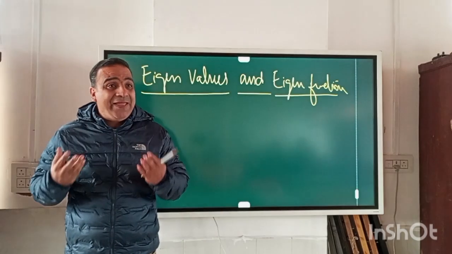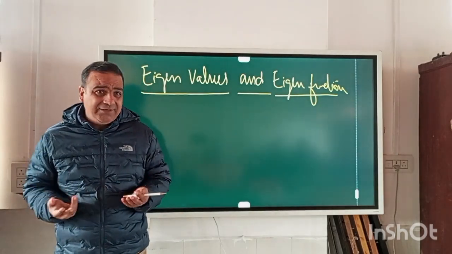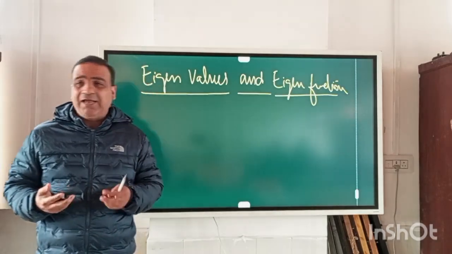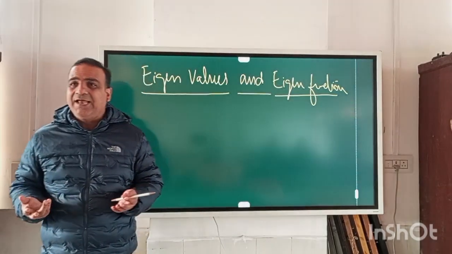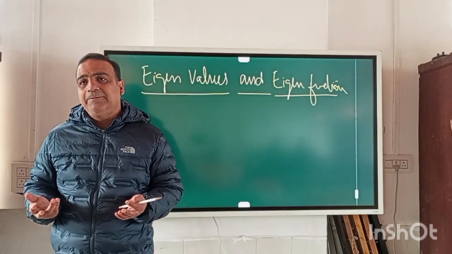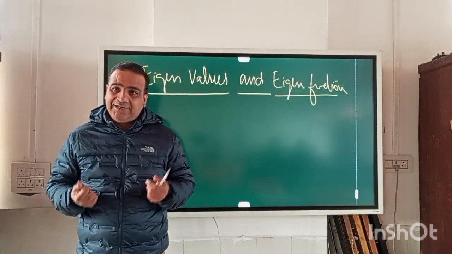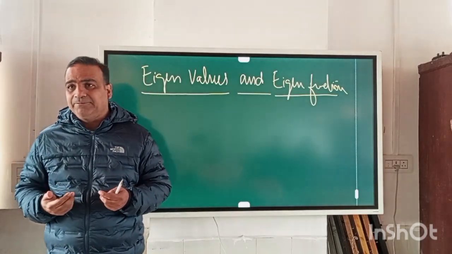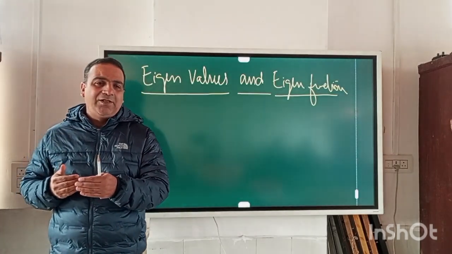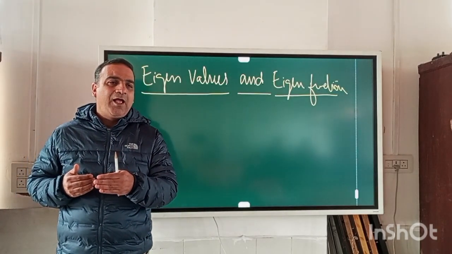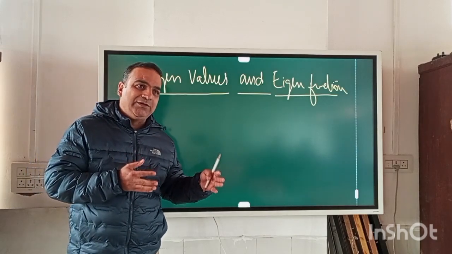Then we have momentum. Momentum is a physical quantity in classical mechanics. And how do we measure it? We say momentum is the product of mass and the velocity of the object. That gives us the measure of the momentum. And for this dynamical variable, we have an operator in quantum mechanics.